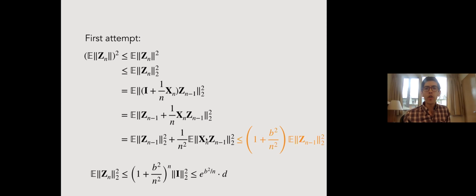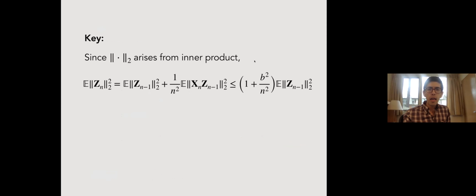Good. Any other question on this slide? Great. So the message here is just to summarize what we saw on the previous slide. Because the Frobenius norm arises from an inner product, the expectation of Z_n squared, when I write this in the Frobenius norm, can be exactly decomposed into two quadratic terms.